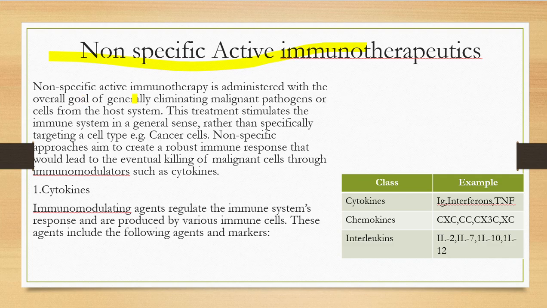As we all know, the aim is to enhance the body's overall immune responses, rather than focusing on a specific antigen or specific target, so that it can eliminate the abnormal or cancerous cell. Cytokines are the most commonly used approach in this case.